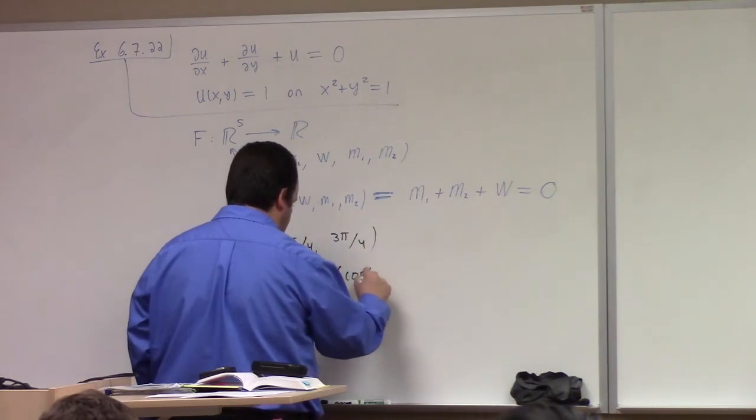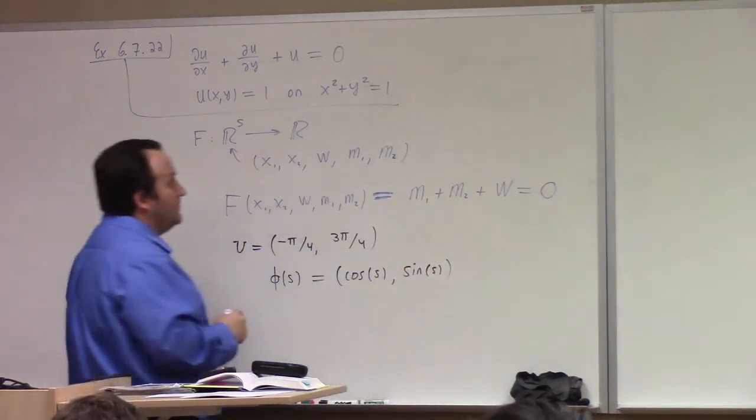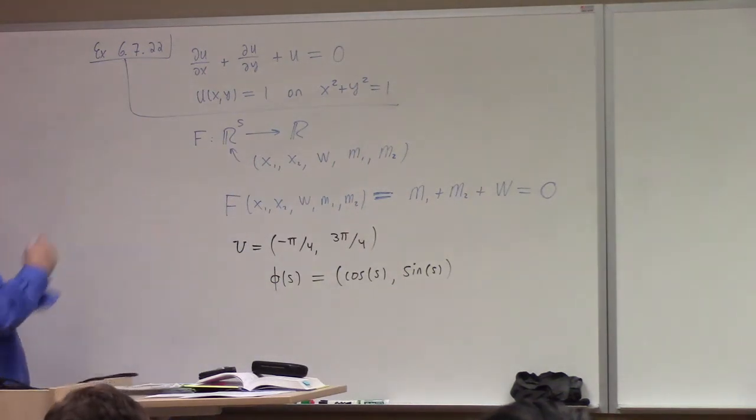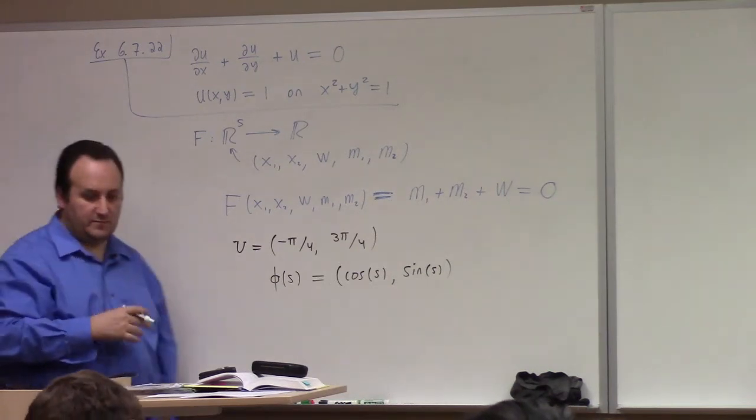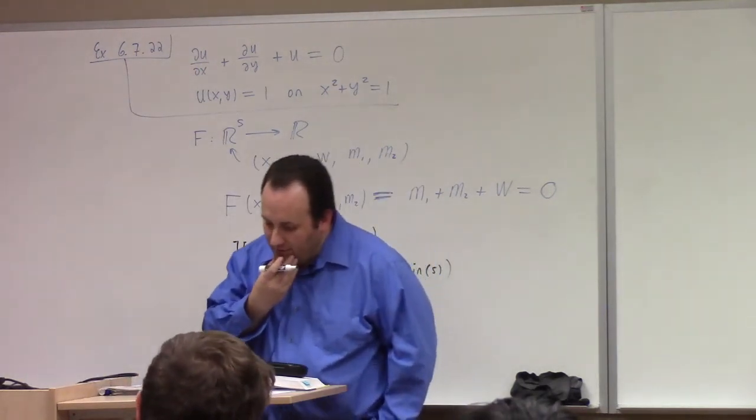is equal to cosine s, sine s. Great, that's a circle. So this parameterizes what? I mean, it parameterizes the circle, at least half of it, right? And, well, there's a reason he did it.